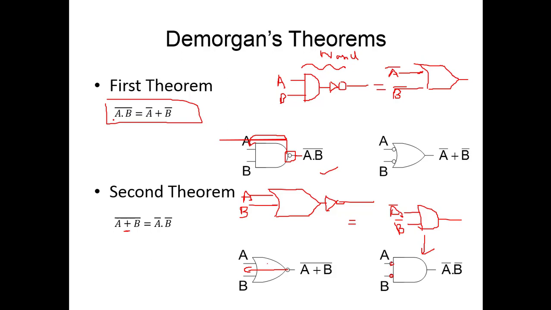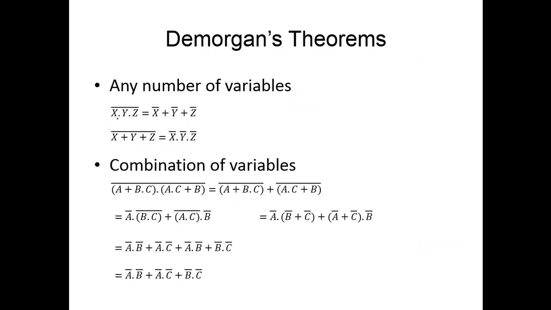This is equal to x complement or y complement or z complement. All the AND operations are changed to OR operation, and this bar is distributed over all the literals. Similarly, x plus y plus z whole complement is equal to x complement and y complement and z complement.